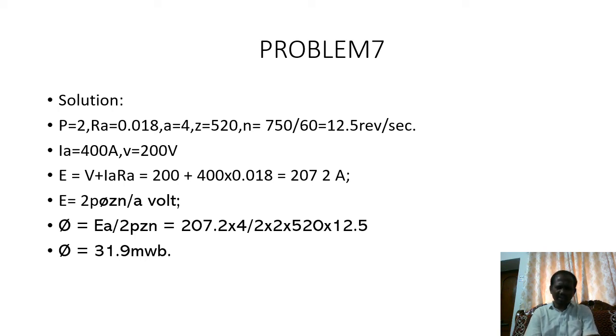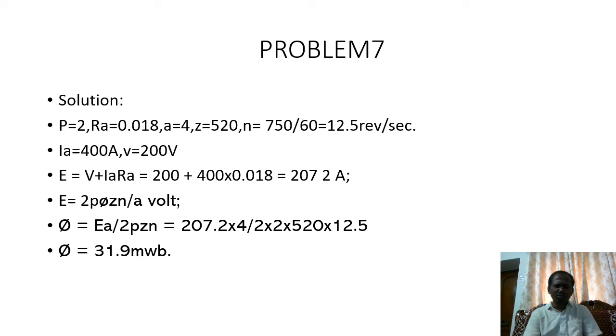Armature current is given, V is given, E is equal to V plus IRa, 207.2 volts. E is equal to (2P by A) times phi Z N volts. Substitute all the values and you can calculate the flux as 31.9 milliwebers. Here 2P is the number of poles, A is the parallel paths, phi is the flux, the unknown value, Z is the total number of conductors, 520, and N is the speed in revolutions per second. All these values are given.